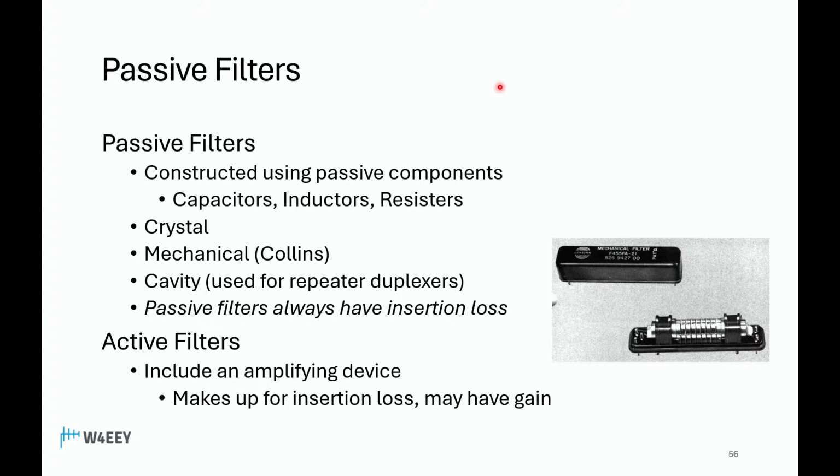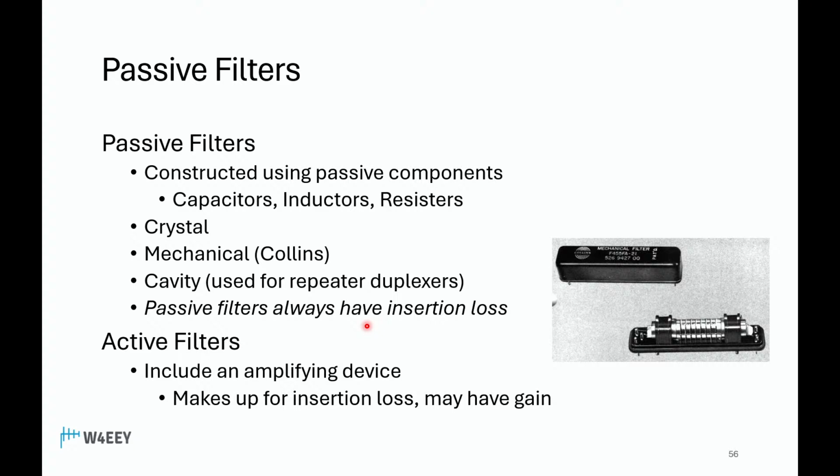So we're going to talk about passive filters and active filters. Passive filters don't require any power. They use capacitors, inductors, resistors. We've got crystal filters, mechanical or Collins filters you might have heard of, cavity filters that are used for repeaters. And one characteristic of passive filters is they always have some insertion loss.